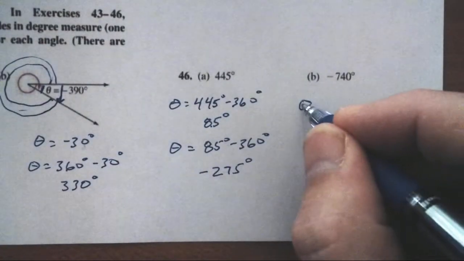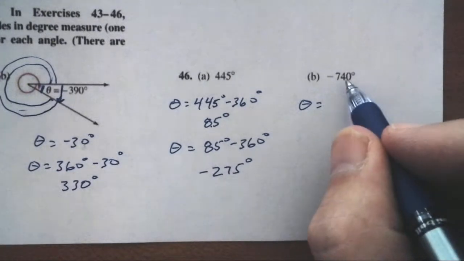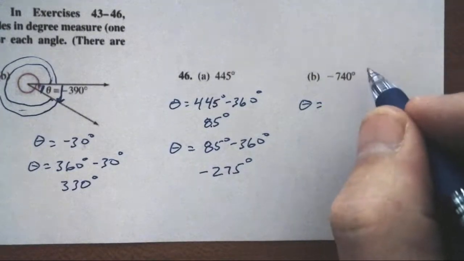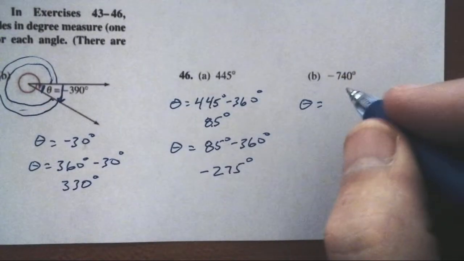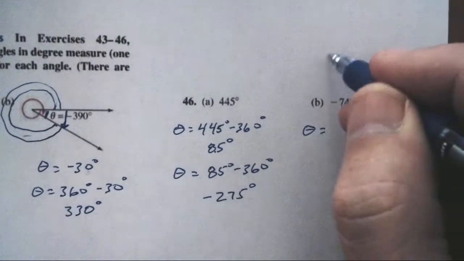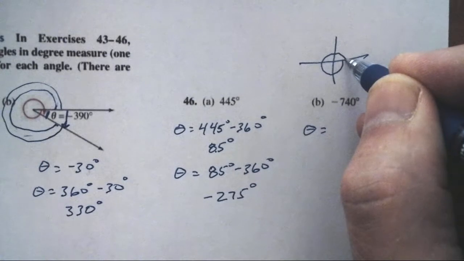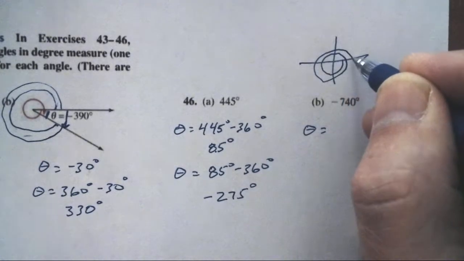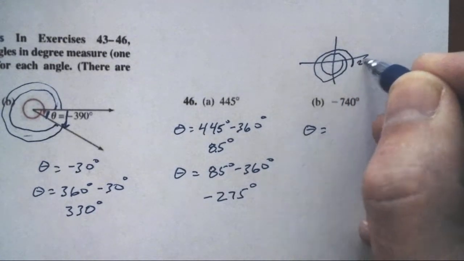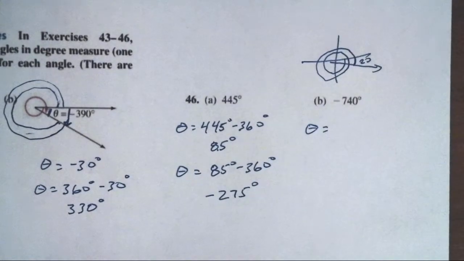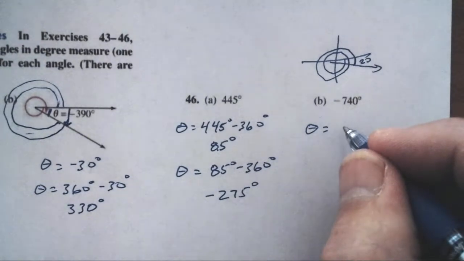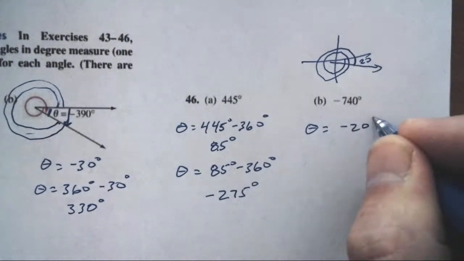Okay, theta. That's backwards revolutions, more than one, in fact, more than two. I think I will draw a quick diagram of this one. This would be negative 360, negative 720, and then we're left with another 20 to get to there. So theta could just be negative 20 degrees.